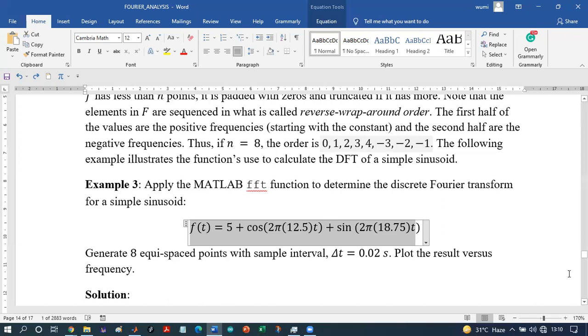So K is 0, and J is summed from 0 to n minus 1.